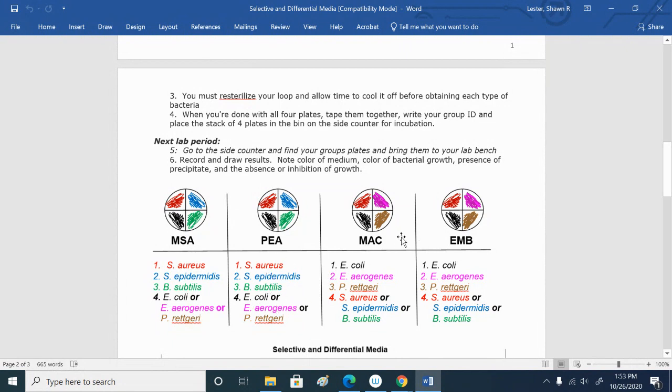With MAC and EMB, it's the opposite. You had 3 gram-negatives to put on your plate, the E. coli, Enterobacter, and Providencia, and then your choice in zone 4 as one of the gram-positive bacteria that we had. And then we would incubate those plates and examine the results next class. And we would look for any growth, if the growth was colorful, or if the agar had turned color.